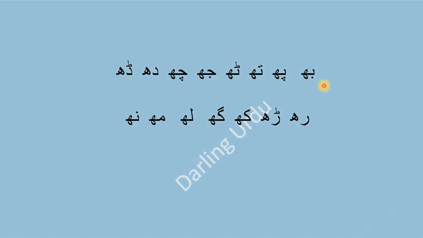Students, these are 15 compound letters and these compound letters are made with the help of do chashmi hai. Do chashmi hai is always combined with a prefix. You can see here, this is be and this is do chashmi hai, and it becomes bhe. They produce another new sound, bhe, phe, the.